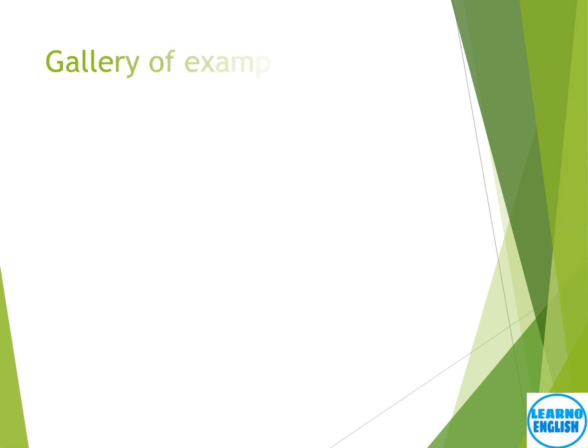This simply means that when the reporting verb is in past and reported speech is in present, then we change the present form into the corresponding past form. That is our rule.